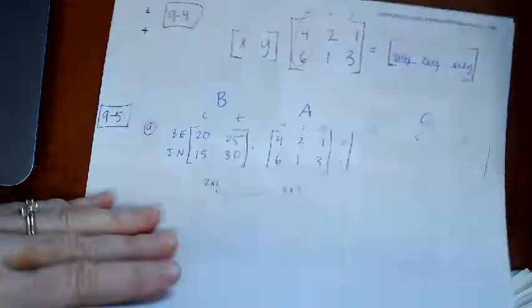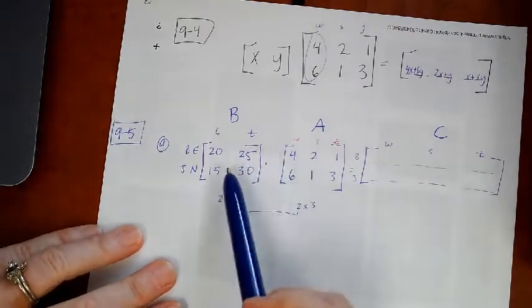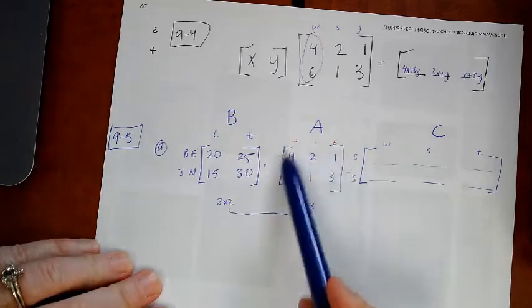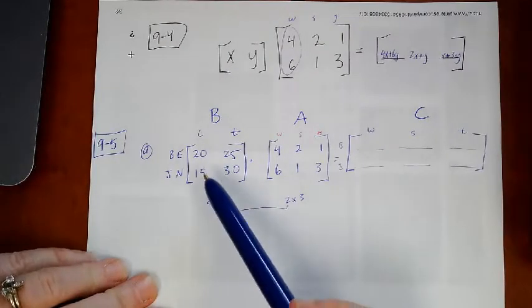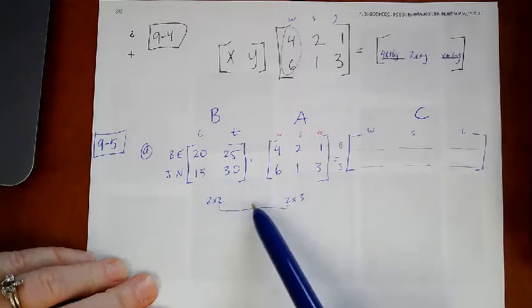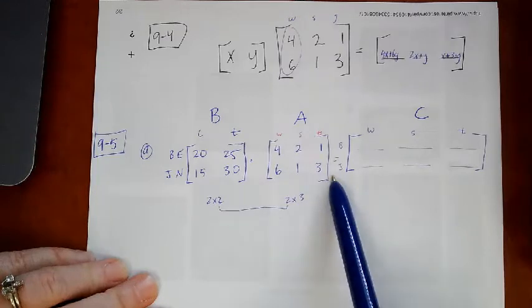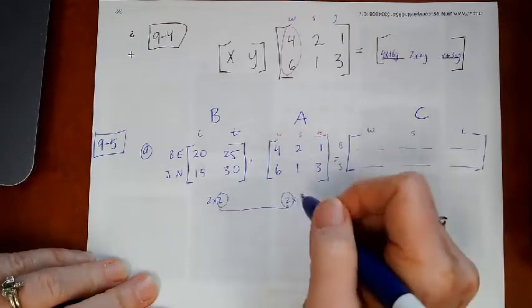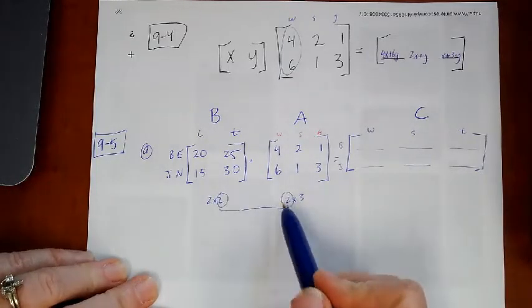what they're asking us to do is, we already did a problem where we had a one row, 2 column matrix, and we multiplied it by matrix A. Well, now we're going to do a 2 by 2, a 2 row 2 column matrix, multiplied by a 2 row 3 column matrix. And notice again that these two numbers match. If these two numbers don't match, you're not going to be able to multiply.